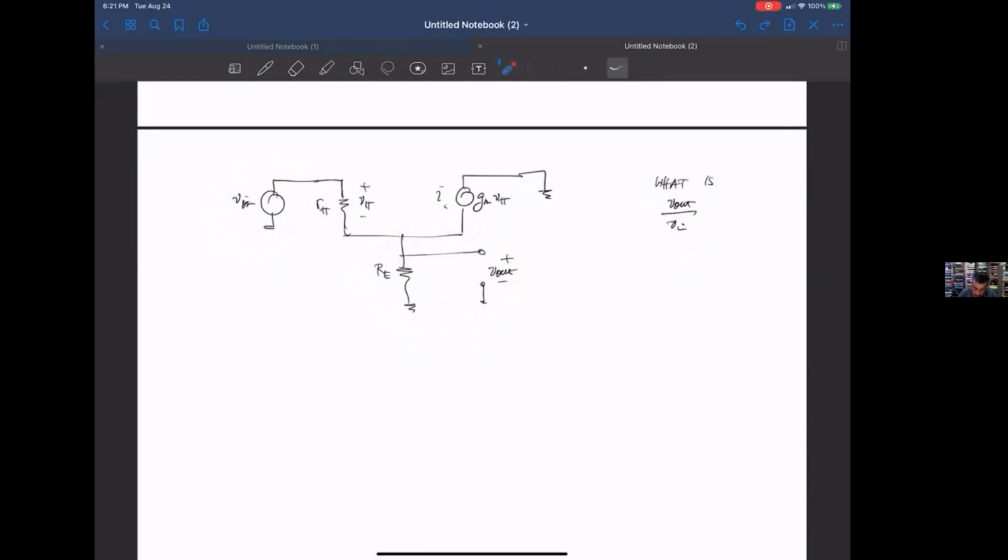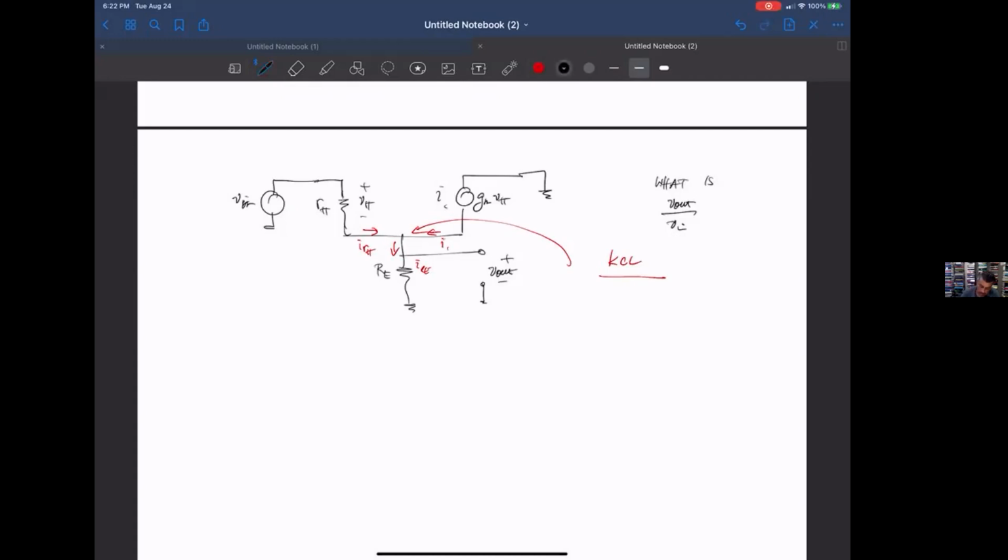Now if we look at KCL at this node, we have this current I R sub pi going in here, we have this current I sub 1 going in here, and then we have this current I sub RE coming out of that node.